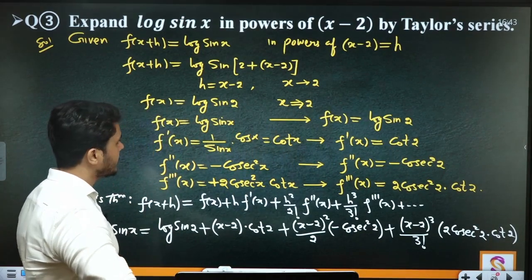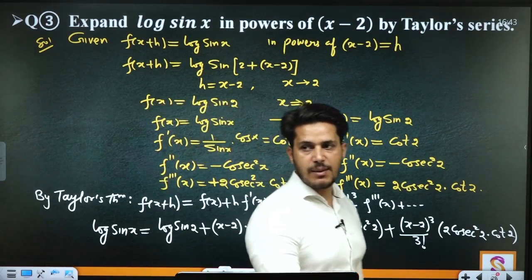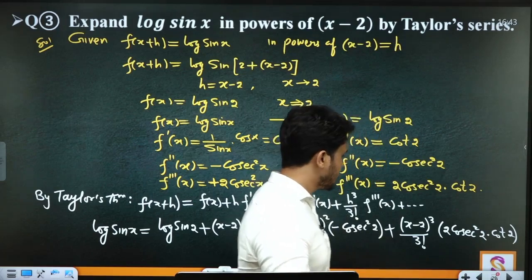So in this way you can expand the function with the help of Taylor's theorem, right?